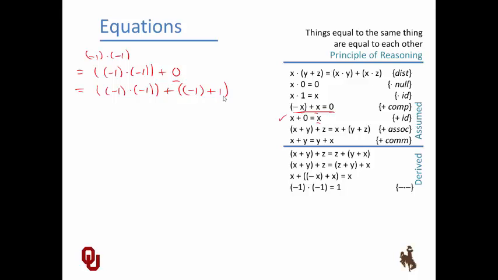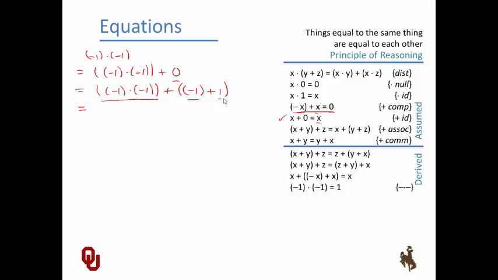Doesn't look like it's getting any better, and these steps might look kind of ad hoc, but eventually we'll come to a point where it starts to look like we're making progress. Okay, now we have a sum of 3 terms. This term, minus 1 times minus 1, this term, minus 1, and this term, 1.